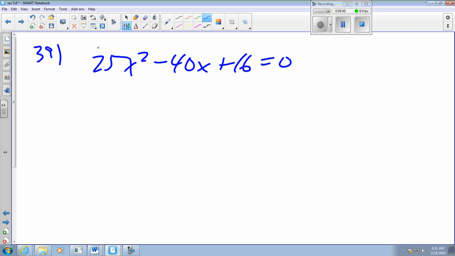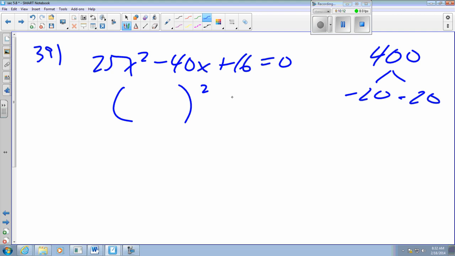This appears to be the perfect square trinomial the way we test for it. Is the first term a perfect square? Yes. Is the last thing a perfect square? Yes. If I multiply 25 times 16, I get 400. What are the factors of 400 that add up to negative 40? That would be negative 20 and negative 20. So they're the same. So we know that it is a perfect squared trinomial.